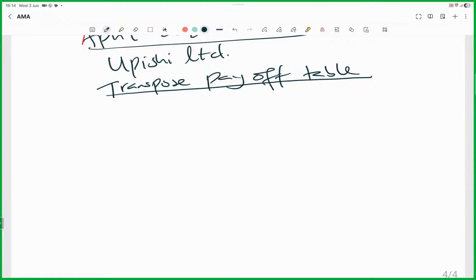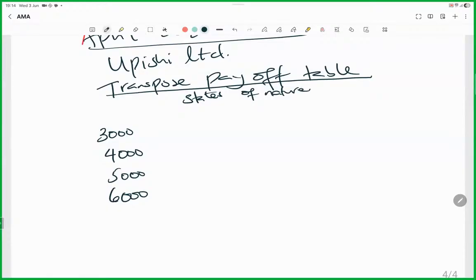As in, we shall have here our 3,000, 4,000, 5,000, 6,000, and then we have our states of nature up here. So we have here low, we have moderate, then we have high.